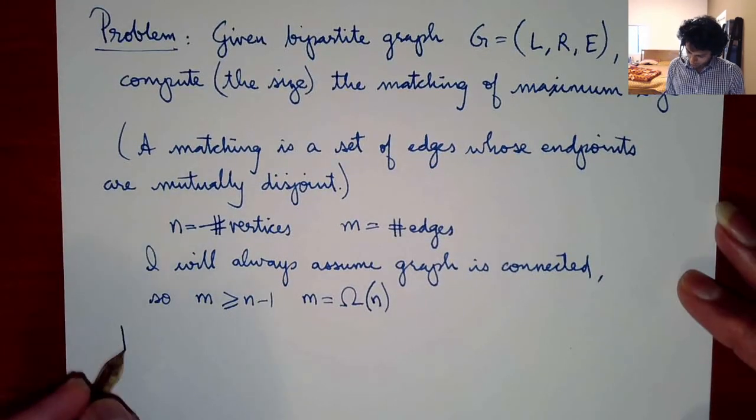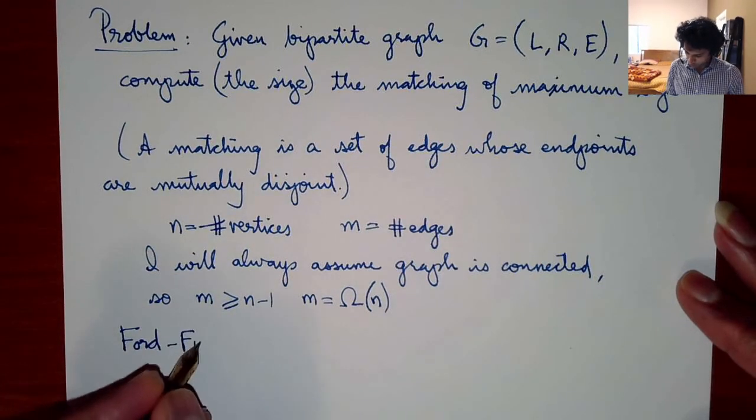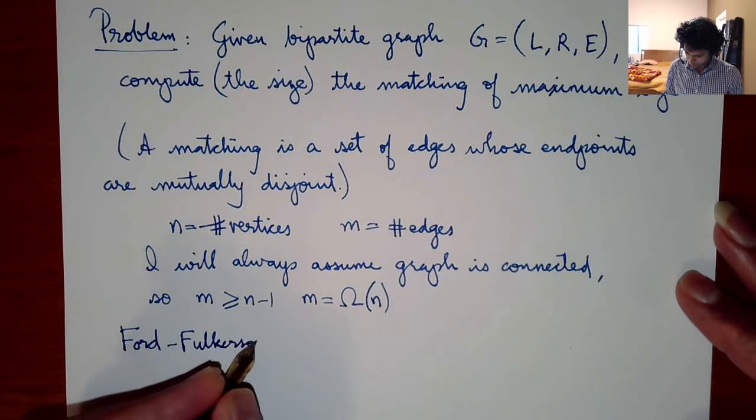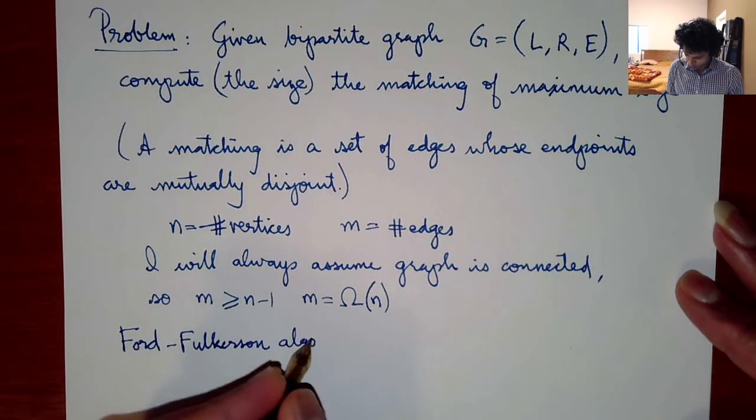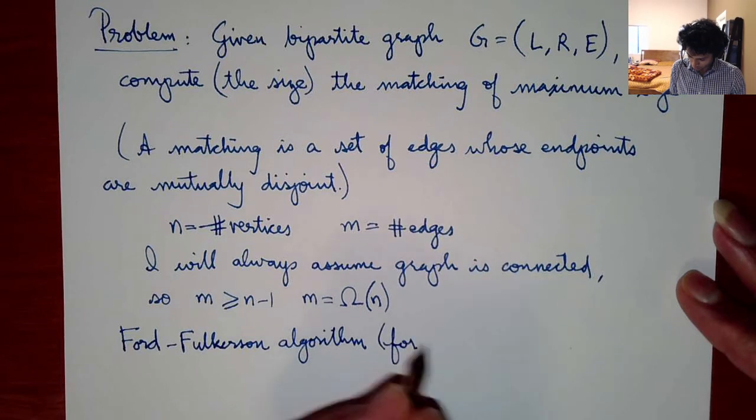Okay, so if you recall your undergraduate algorithms, you may have seen something called the Ford-Fulkerson algorithm for maximum flow.